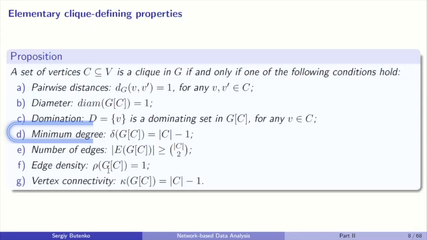Then the minimum degree, delta of G[C], has to be equal to the cardinality of C minus 1. The number of edges has to be equal to cardinality of C choose 2. Then the edge density is equal to 1, and the vertex connectivity is equal to the cardinality of C minus 1. All of these are elementary clique defining properties, as we call them.